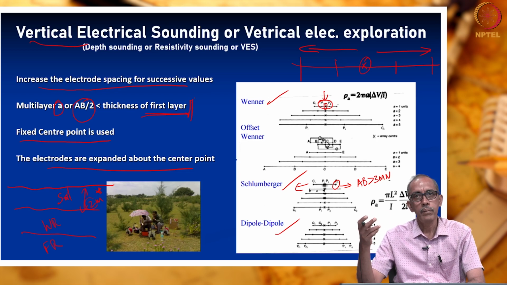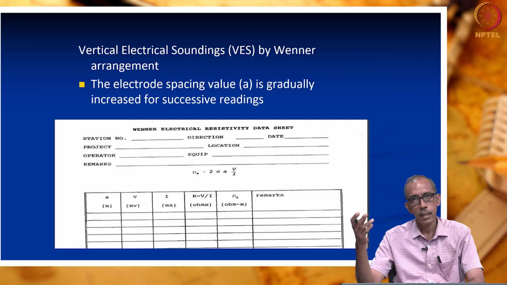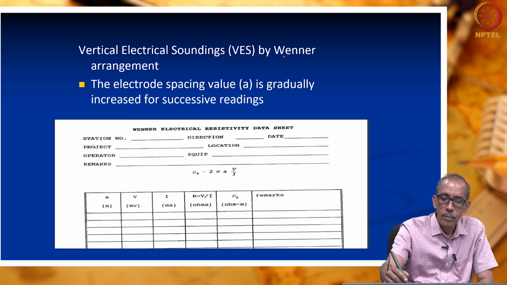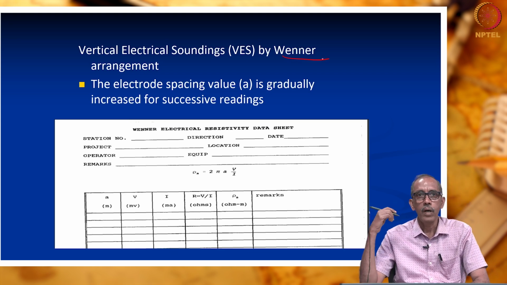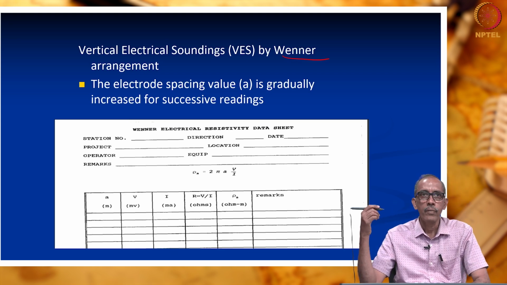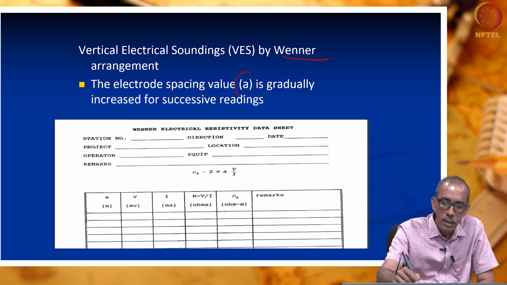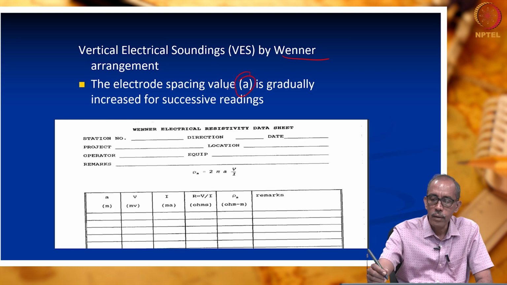What is the aim here? Aim is to increase the depth of penetration of current to understand greater depths, right? So, when you conduct vertical electrical sounding, let us imagine by Wenner method, what is the data we are going to get? We are going to increase the value of A gradually, right?